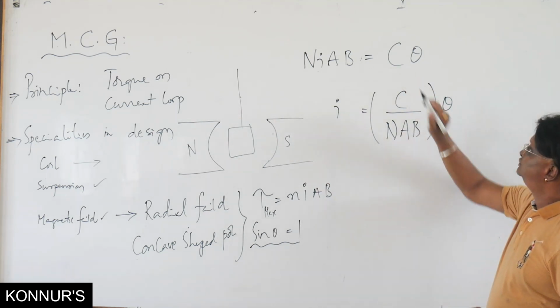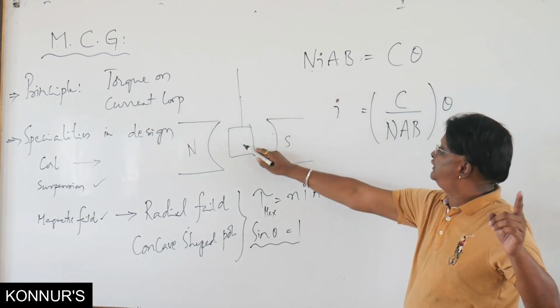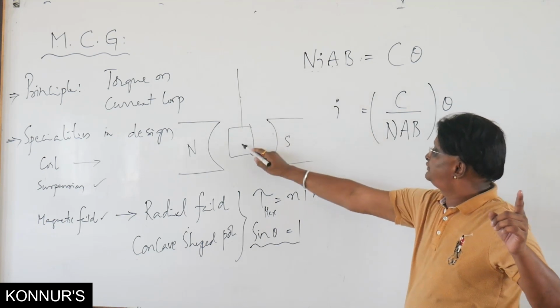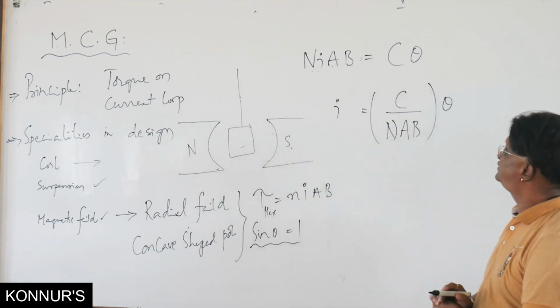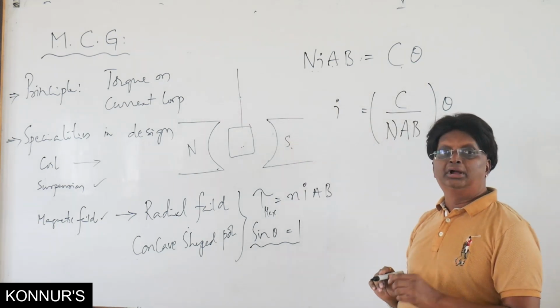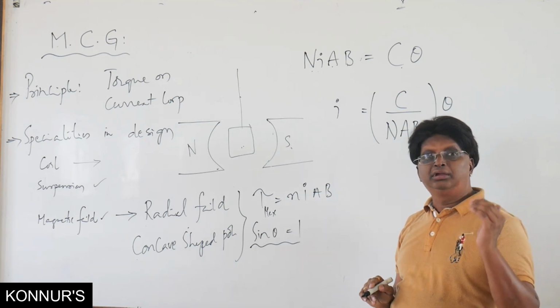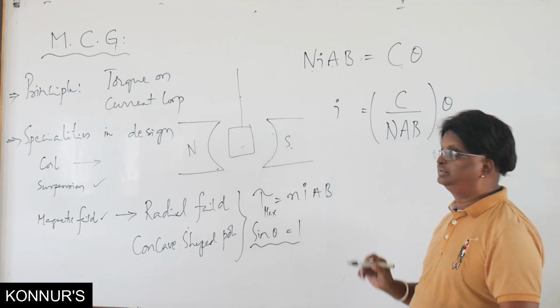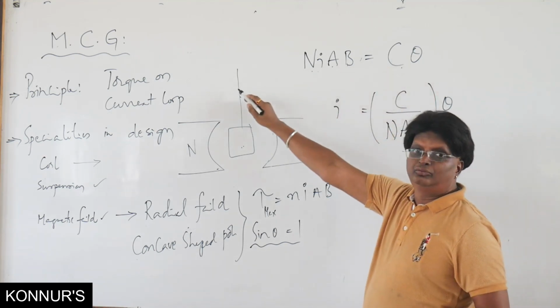Remember here N refers to number of turns in the coil, A refers to cross section of the coil, B refers to magnetic induction produced by these pole pieces. Now C refers to suspension. C is called torsional constant, otherwise called as restoring couple per unit twist. So this is couple per unit twist of the suspension wire.